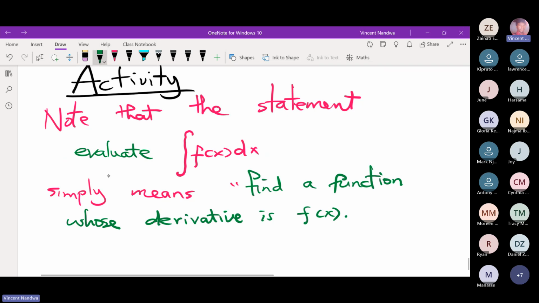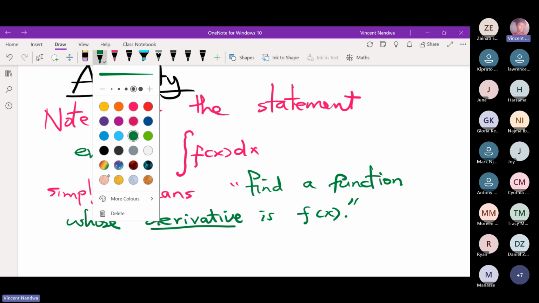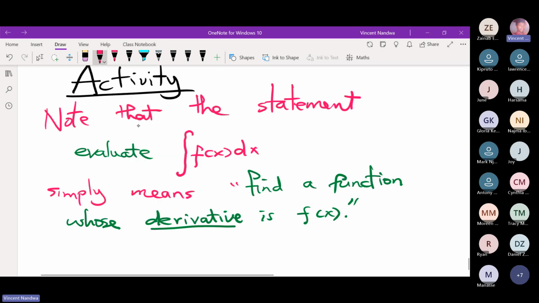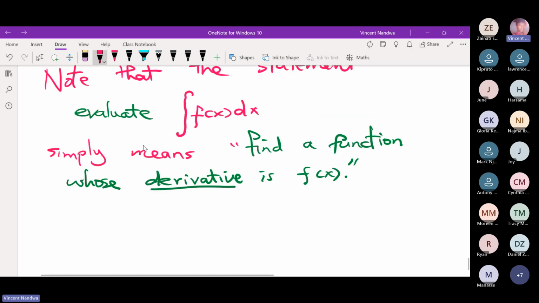So when you say evaluate the integral of f of x dx, it simply means, can you get a function whose derivative is f of x? So let's demonstrate with an example to see what this really means.